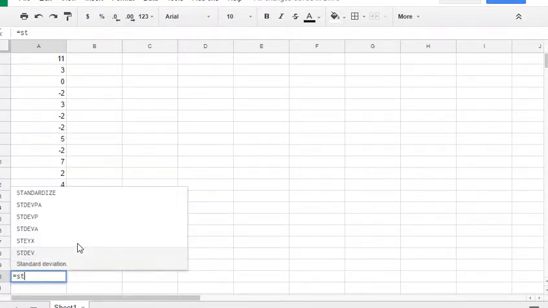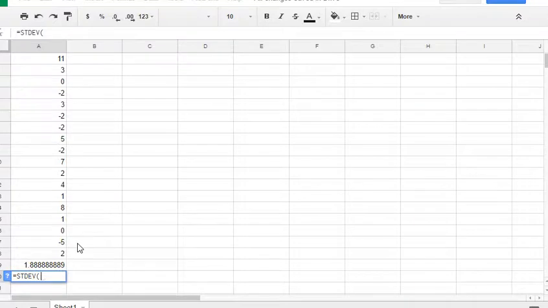Standard deviation is 4.06 about. So x bar is 1.88 and s is approximately 4.06.